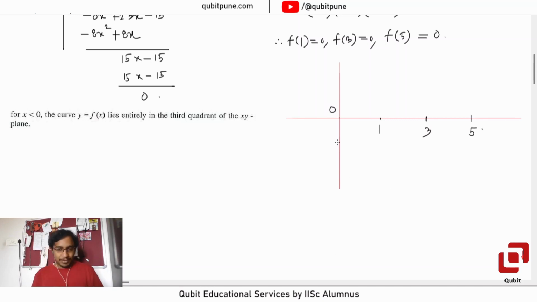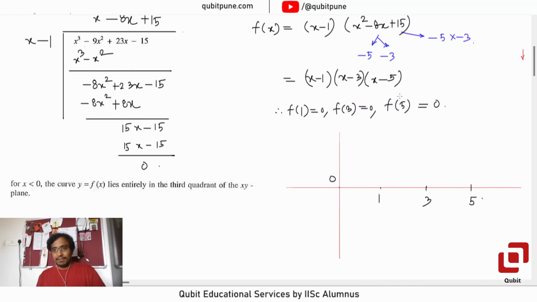Forget about the scale. When x is greater than 5, the function's value will be positive. We know that. When x is in between 3 and 5, these two terms will be positive, but x minus 5 will be negative, so here the curve will be negative.